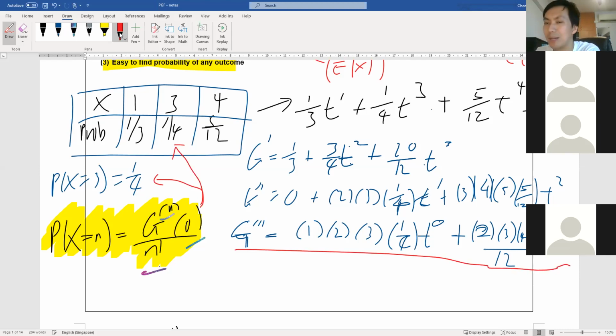Okay, so you can see that after differentiating 3 times, right, what has happened? Remember, right at the start, my goal was to go through a series of steps to isolate this particular number, 1/4, which is the probability of x is equal to 3. By differentiating 3 times, the terms before it will have all disappeared, correct? Because in terms of polynomial ranking, their powers are below 3. So if you differentiate an algebraic expression 3 times, anything whose power is below 3 will have disappeared by now already.